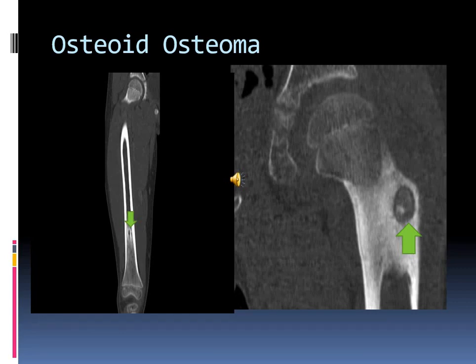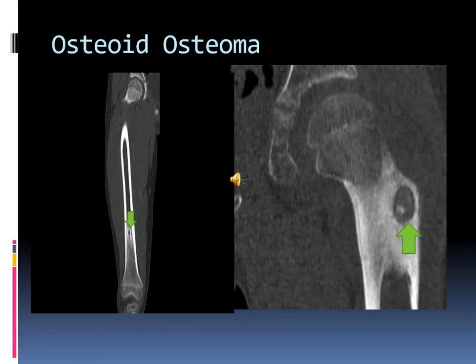So the lesion is osteoma. This osteolytic lesion or oval low dense lesion is called the nidus, and sometimes this nidus contains a small area or spot of calcification as shown in the right image.